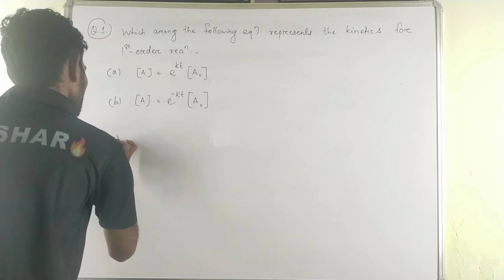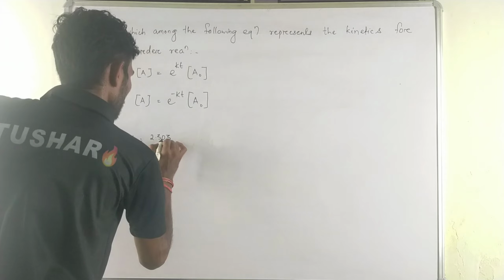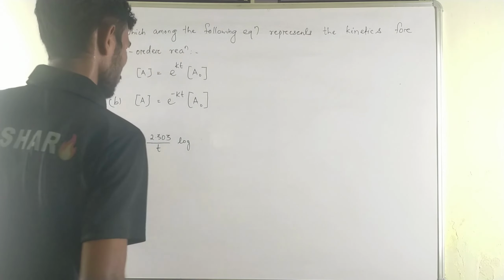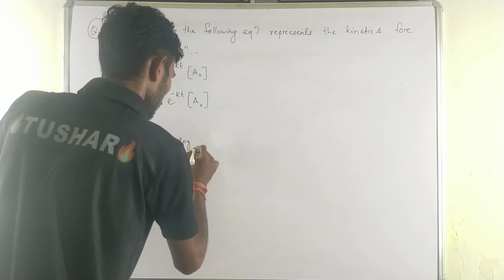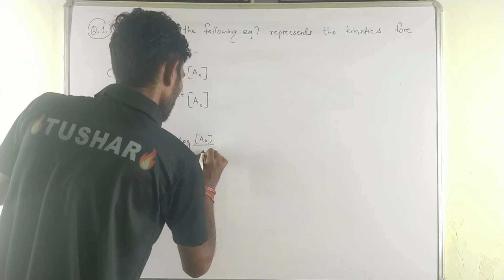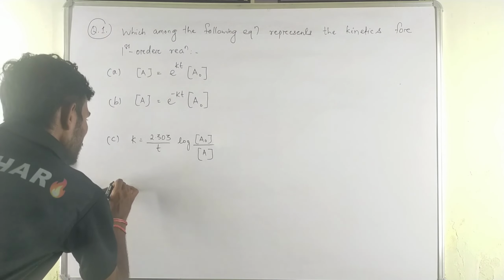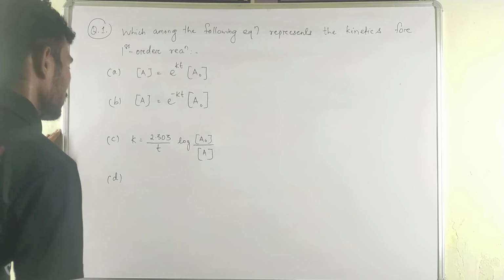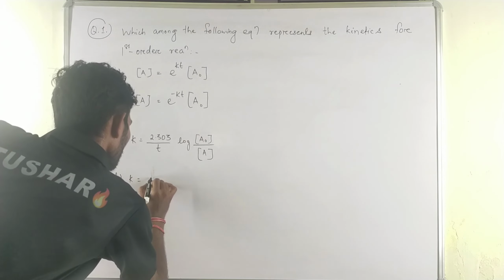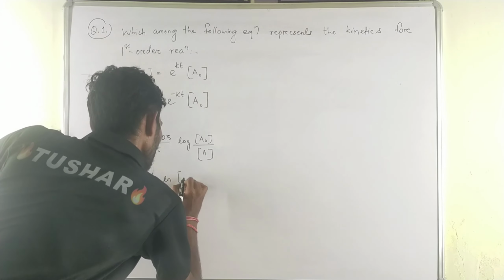C: k equal to 2.303 by t log a naught by a. D is k equal to 1 by t ln a naught by a.